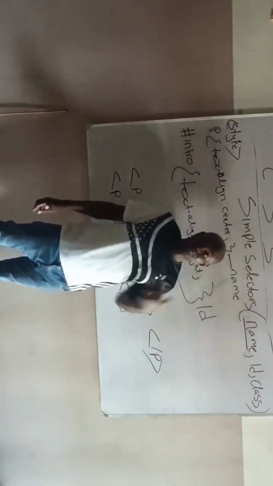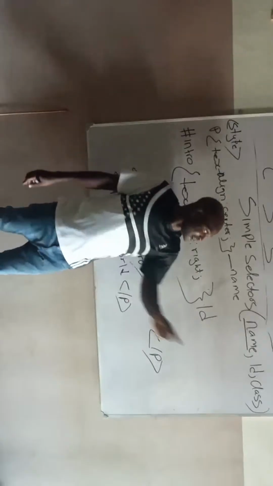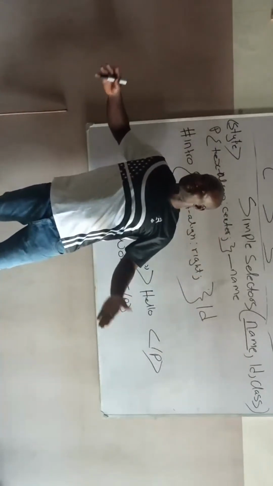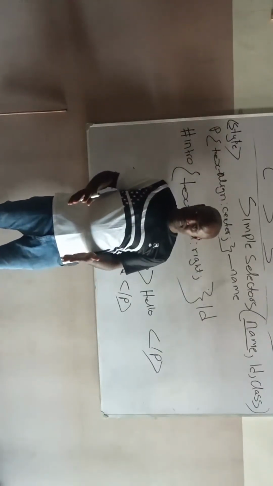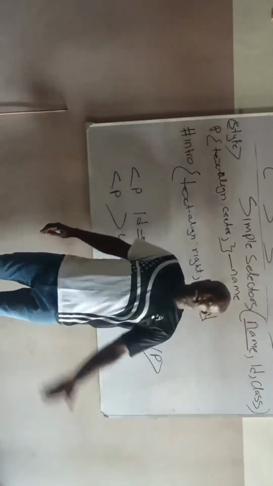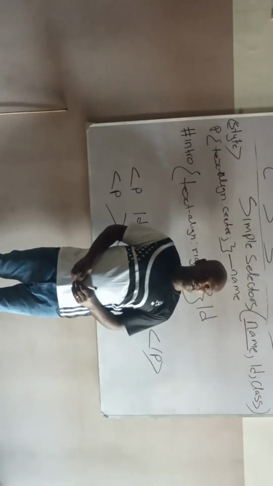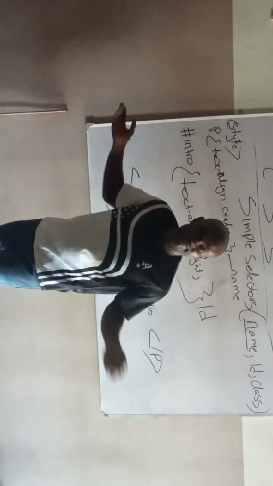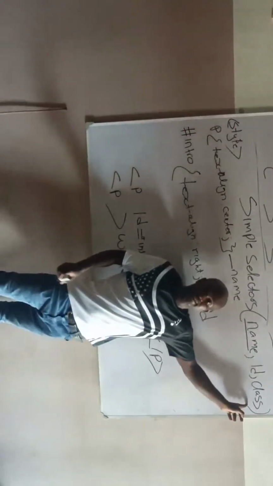ID is used to select the ID of an element. Class is used to select elements in the same class. All of us are in the same class. If somebody walks in here now and says, ICT lab, run out, who is he talking to? All of us, no particular person, because we're in the same what? Class.